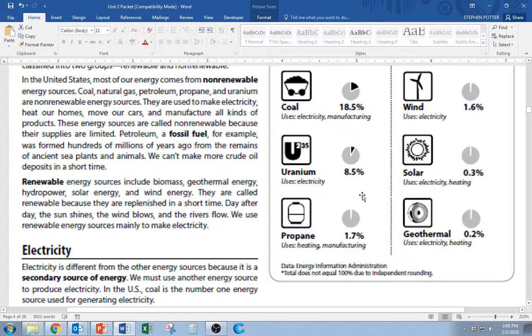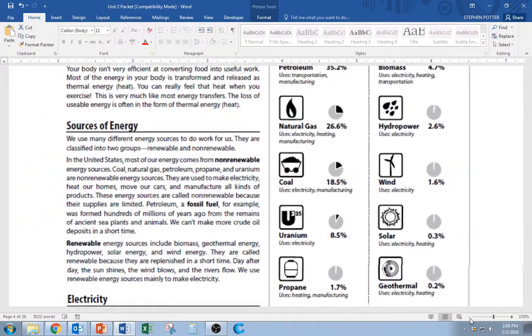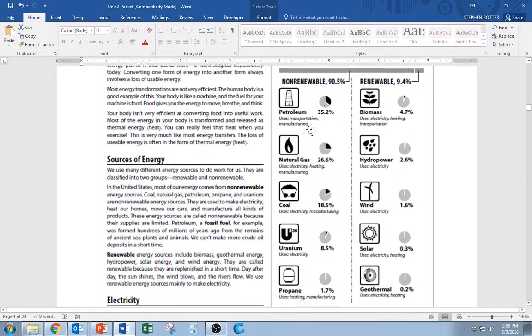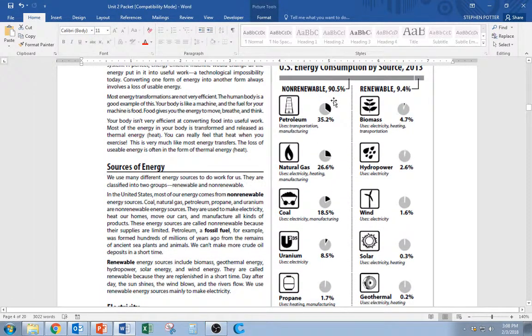Once we use it, any energy we don't use is converted to heat. We don't collect that energy again and use it again. So renewable is replenished in a short amount of time. This diagram is a good diagram to show what we use. About 90% of the energy we used in 2013 was non-renewable.